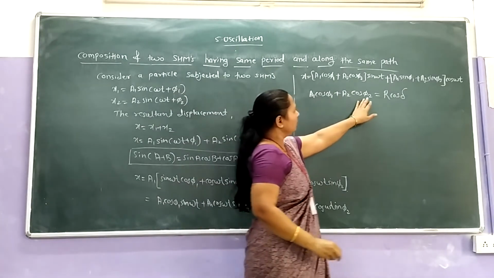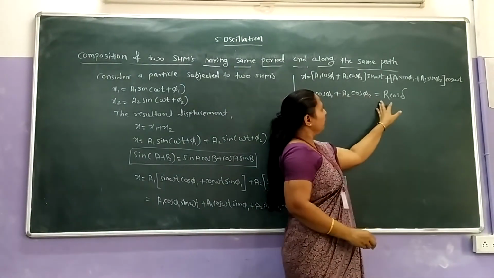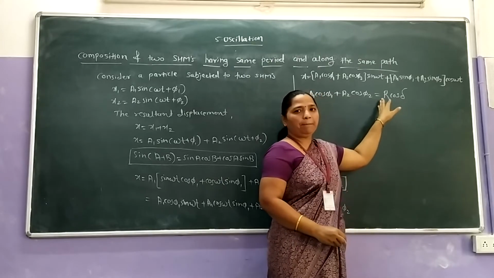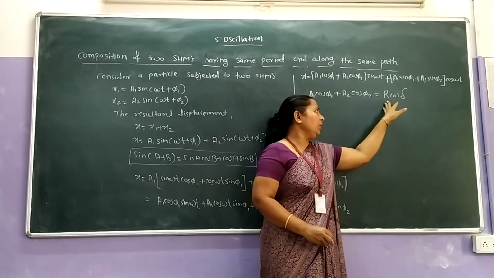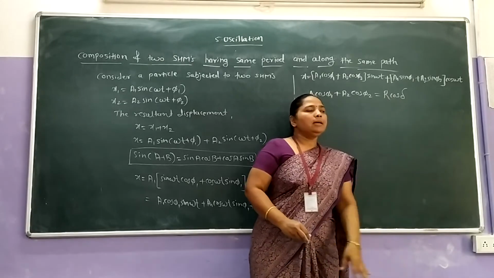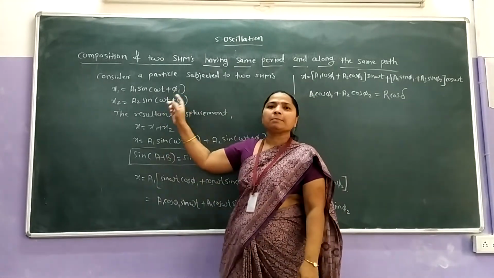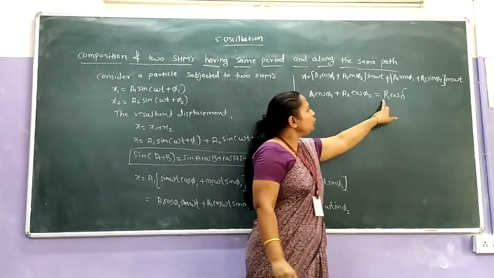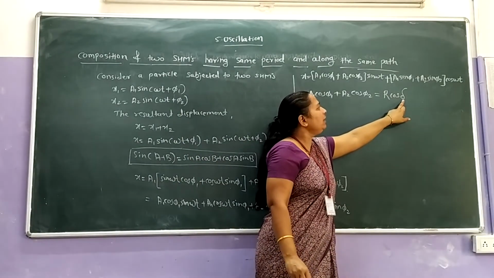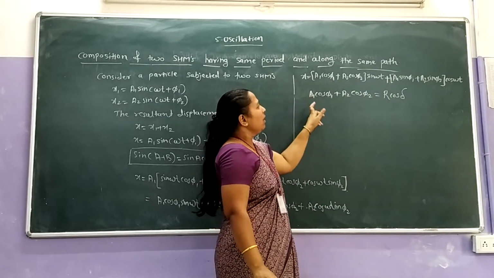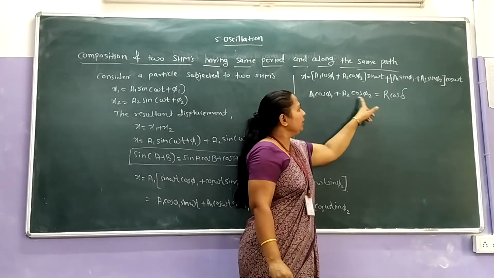R is used as the resultant amplitude of the two SHMs, and delta is the phase difference between the two waves. Therefore, those terms can be calculated.